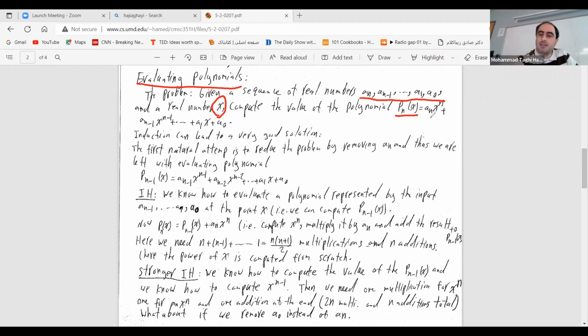Pn of x is an times x to the n, plus an minus 1 times x to the n minus 1, and so on and so forth. This is essentially Pn of x, and you want to evaluate it. You want to evaluate this Pn of x on a given point, x0, and compute Pn of x0.